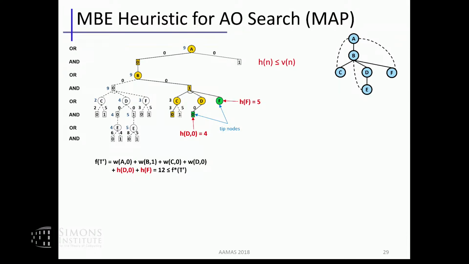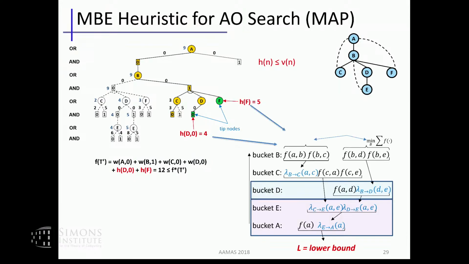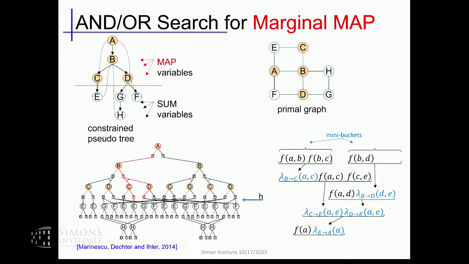You can see only part of the problem is given. And again, this is the same story that I said before. What I want to talk about now is one of these tasks that is the most difficult. We heard about it yesterday, the marginal MAP. Our work started from MAP and moved to marginal MAP, summation queries, and influence diagrams.